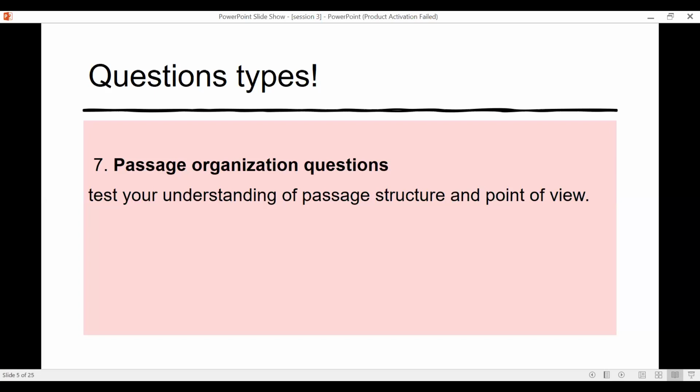So you have an introduction to a certain phenomenon, then you have a certain experiment or a research paper, then you have the conclusion. So you need to identify these various parts or how the paragraphs are organized in terms of the main ideas of each of the passage's paragraphs, okay?